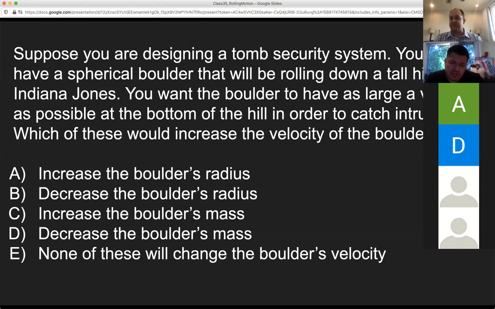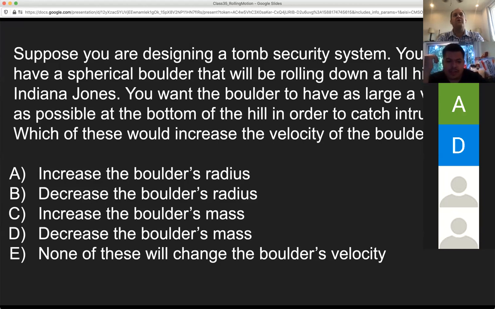A is the opposite, right? Increase the boulder's radius. So I said A, increase the boulder's radius because it would travel farther because of the arc length. Right. So each roll would go further. Okay. But I partially agree with Davey because of the mass. All right.